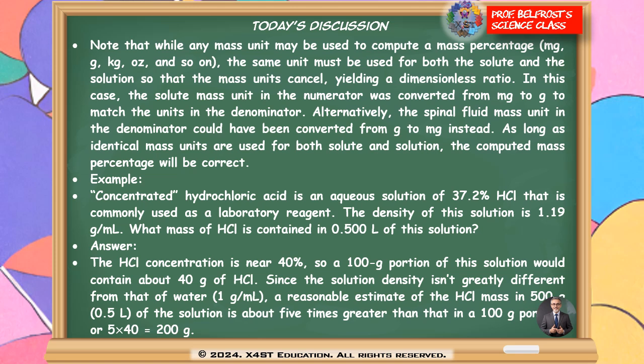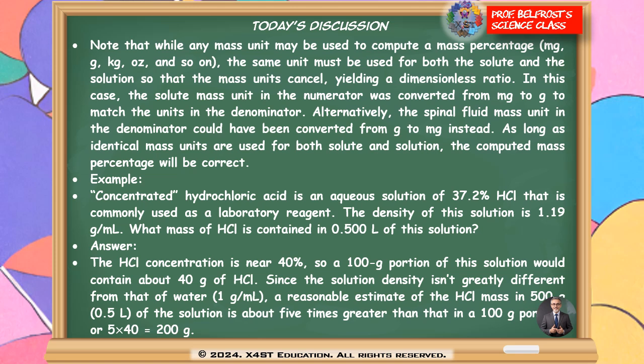Note that while any mass unit may be used to compute mass percentage, the same unit must be used for both the solute and the solution, so that both cancel, yielding a dimensionless ratio. Any identical mass unit will work.